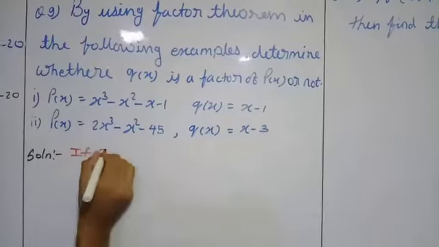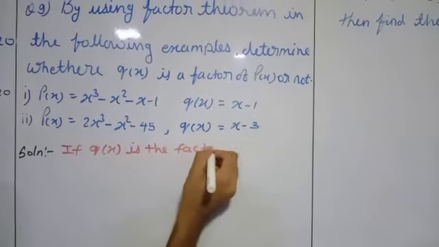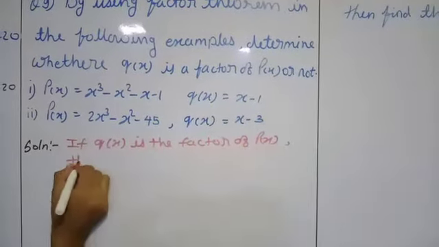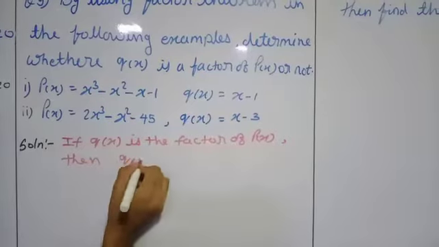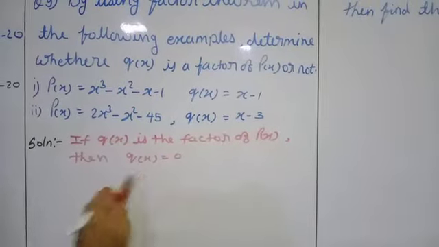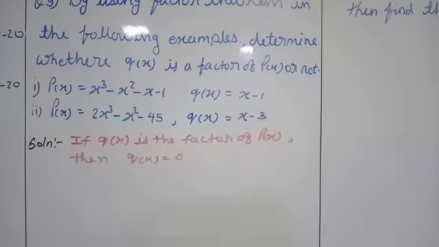If q(x) is a factor of p(x), then q(x) is equal to 0. Whatever we have as the divisor, when we put in the value, that would be 0.